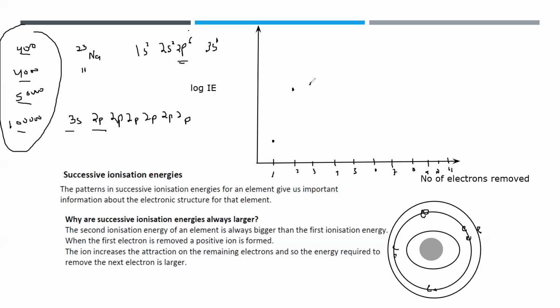So when you plot the 6 electrons which you remove, there will be a gap, but a small difference as compared to the first and second. Why first and second? There's a big difference between the ionization energy. The reason for that is the shell changes.